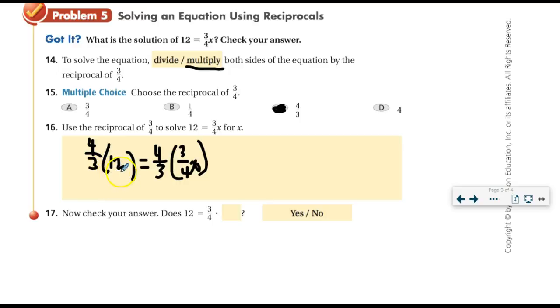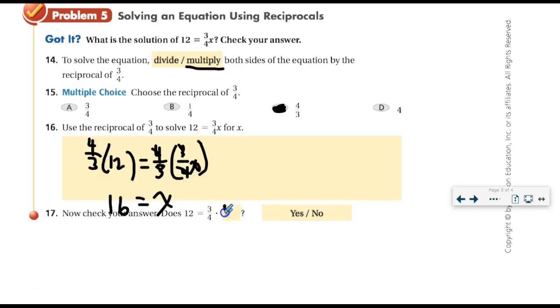You can put the whole number over 1, cross divide, or you can just do 12 times 4 is 48, divided by 3 is 16. Over here, the reason I'm multiplying by the reciprocal is to cancel the coefficient. 4 divided by 4 is 1, 3 divided by 3 is 1. I'm left with just old plain x, which is what my solution should be, x equals 16.